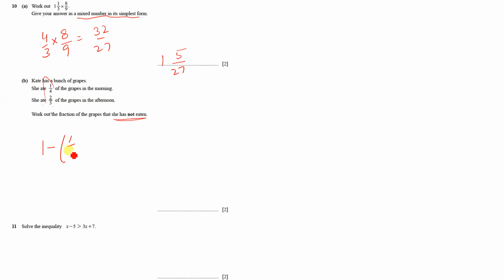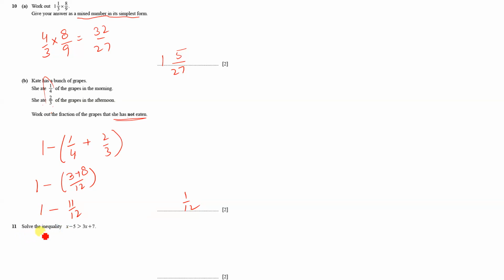That is 1 minus (1/4 plus 2/3). So this is equal to 1 minus (3 plus 8) divided by 12, and that is equal to 1 minus 11/12, and that is 1/12. So this is the fraction she has not eaten.